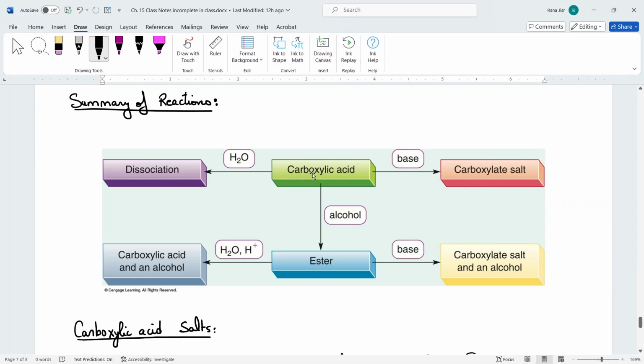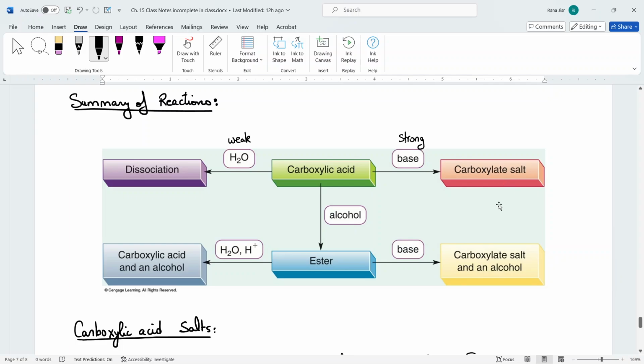Or you can simply react the carboxylic acid with a weak base. So this is a strong base, this is a weak base in there. And then that is going to be a dissociation. You get your conjugate acid and the conjugate base. So it really depends on how strong your base is. So you go by either a strong base or you go by a weak base.